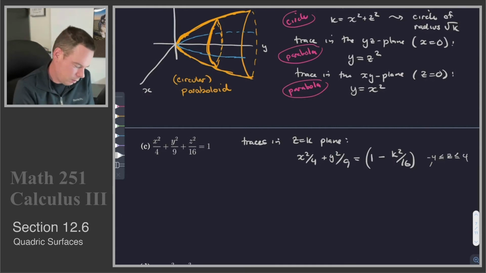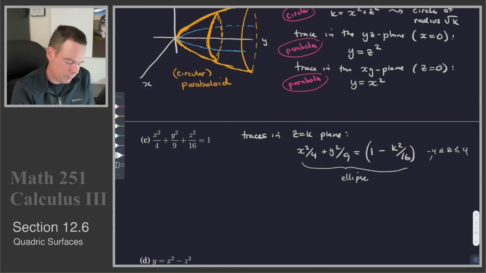But what are these objects? So in this z equals k plane, this is x squared over 4 plus y squared over 9 is equal to a constant. These are ellipses. So this is an ellipse for various values of k. And as k gets bigger, the ellipses shrink in size.